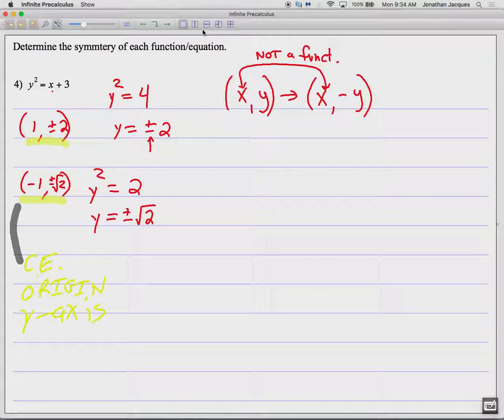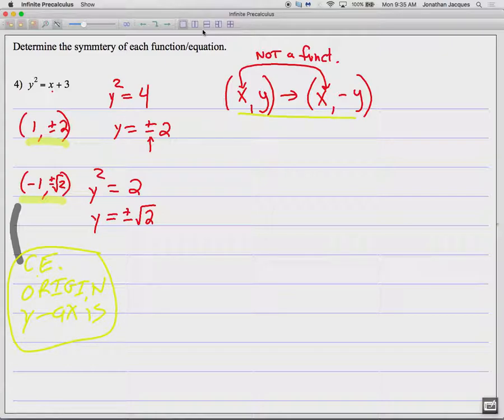Why? Because when you plug in opposite values, you need to either get the same number out or opposite numbers, and clearly when I plug in 1, I get plus or minus 2. When I plug in the opposite of 1, negative 1, I don't get plus or minus 2. So those are my counterexamples there.